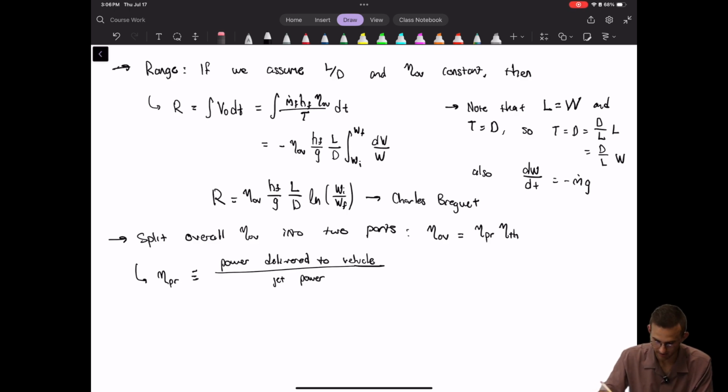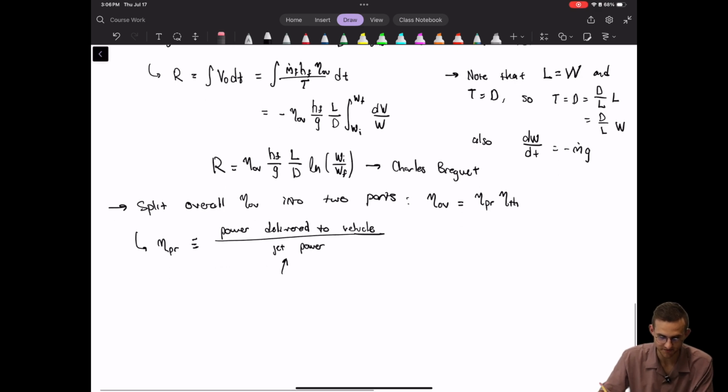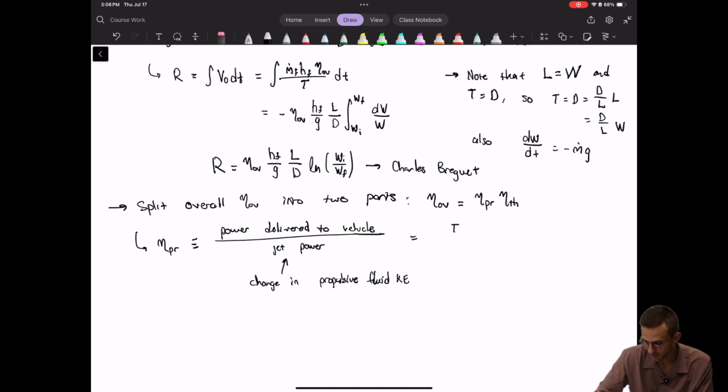And what is jet power? Jet power is the change in propulsive fluid kinetic energy. So again, the numerator is just T V naught, and then this is divided by m dot air times VE squared over 2 minus V naught squared over 2.